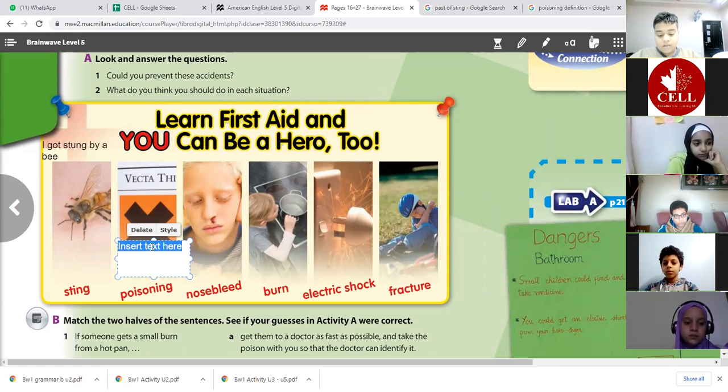Choose. I can't. Okay, fine. Salahuddin, your student Salah is not able to make a sentence. Do you want to ask someone else to make a sentence with poisoning?